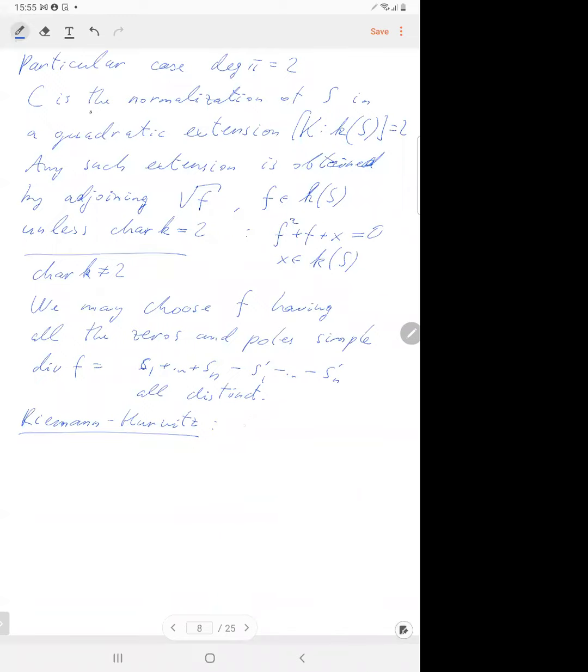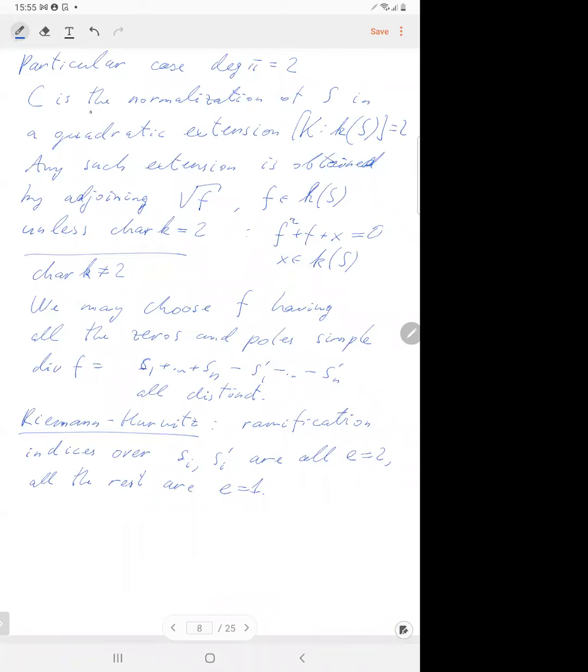The ramification indices over S_i and S_i prime are all e equals 2, and all the rest are non-ramified.